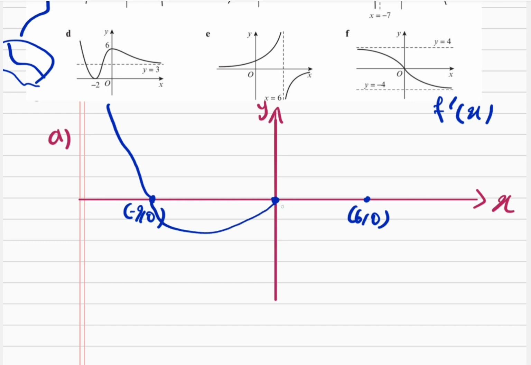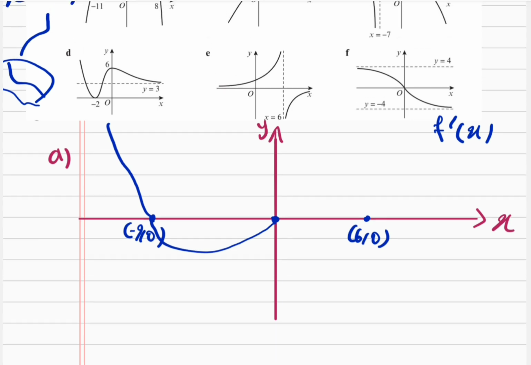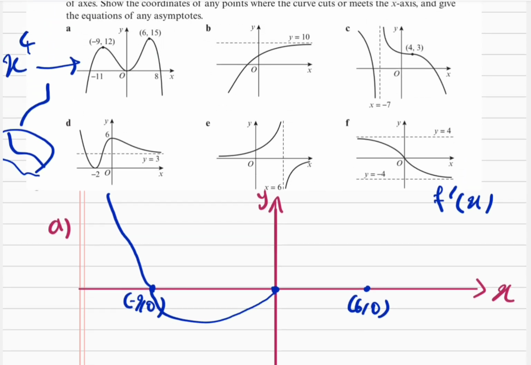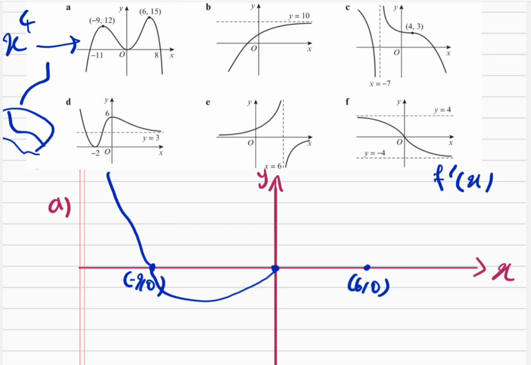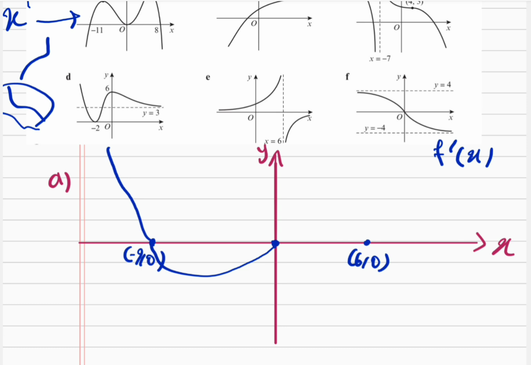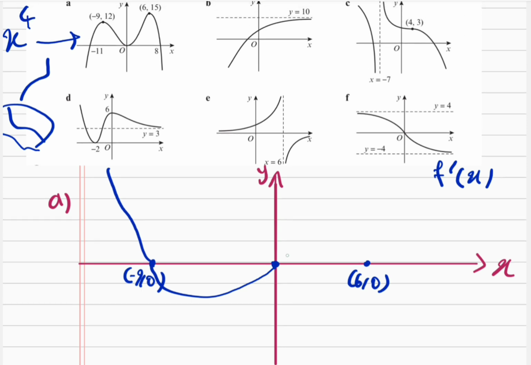So this intersects the origin. Okay, and then the next part is between 0 and 6. As you have seen before, at this point the gradient is positive, so it's going to be above the x-axis, and it's going to increase like this.